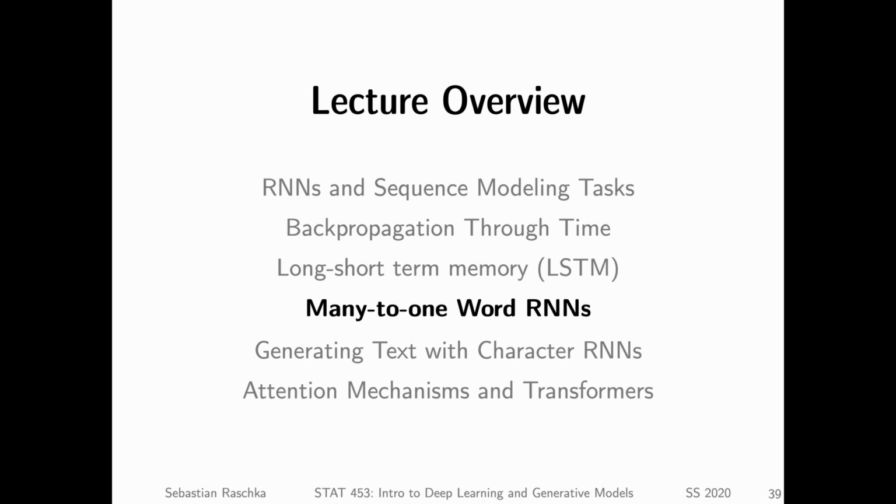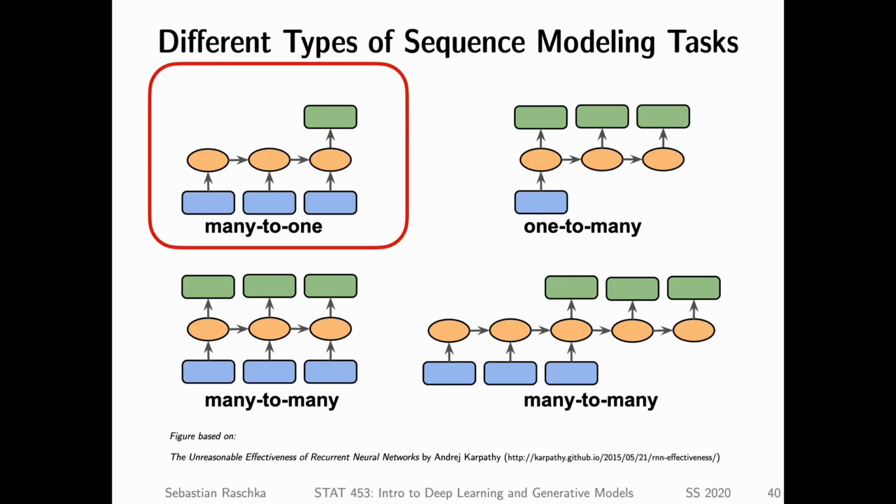So for that, let's first talk about the many-to-one word RNN. Again, remember the many-to-one architecture is where we have an input sequence and we only need one output, one label. For example, classifying whether a movie review is positive or negative about the movie.